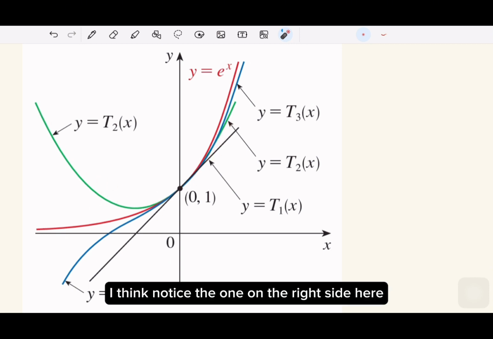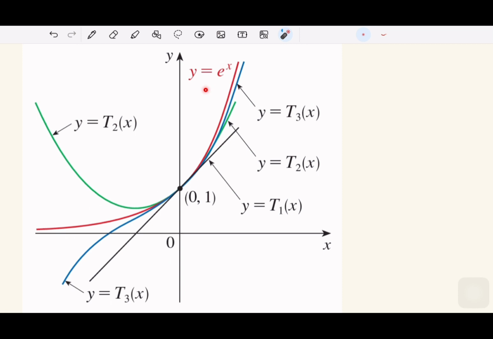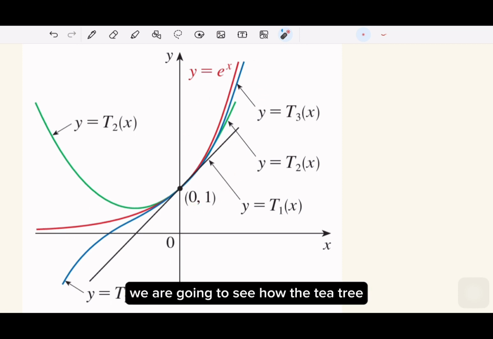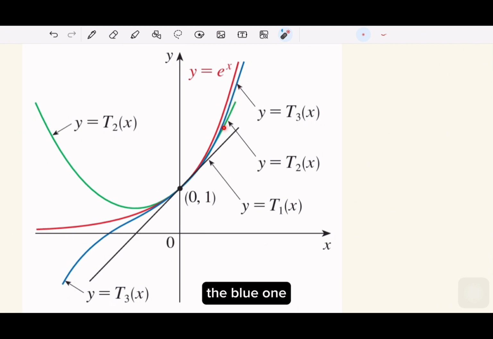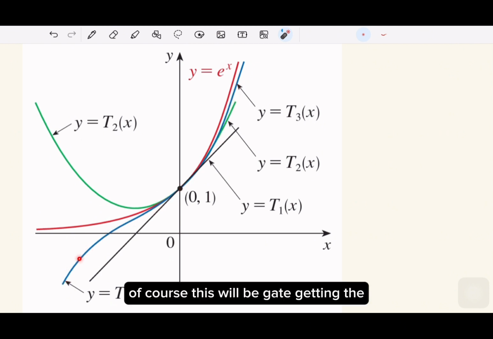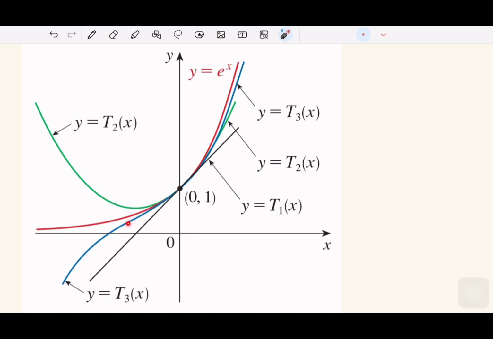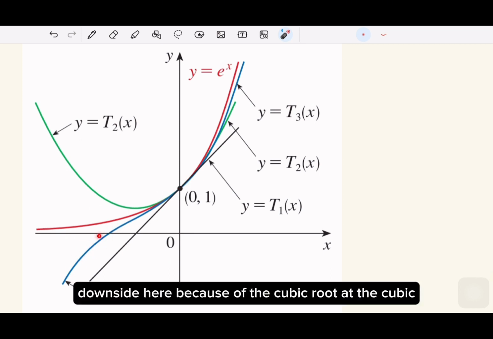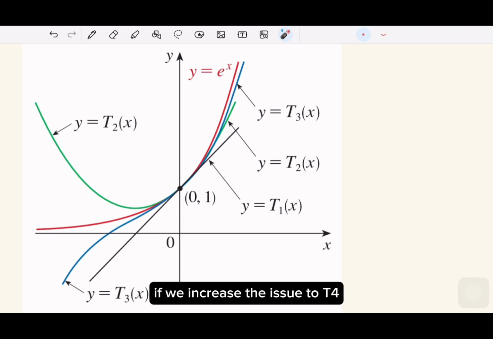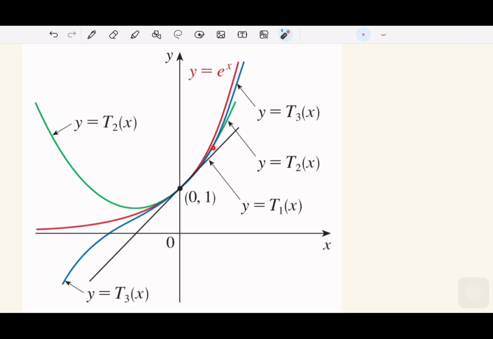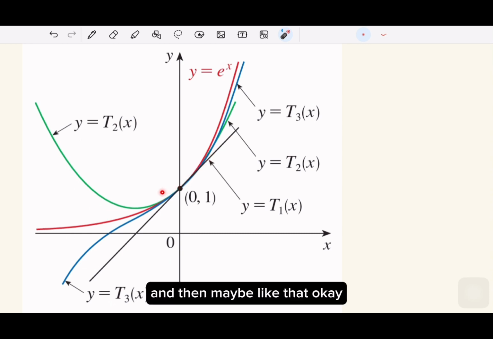Notice the one on the right side here. We are going to see how T3, the blue one, will be getting the downside here because of the cubic root, the cubes. And then you could imagine that if we increase T3 to T4, maybe T4 is around here, and then maybe like that.